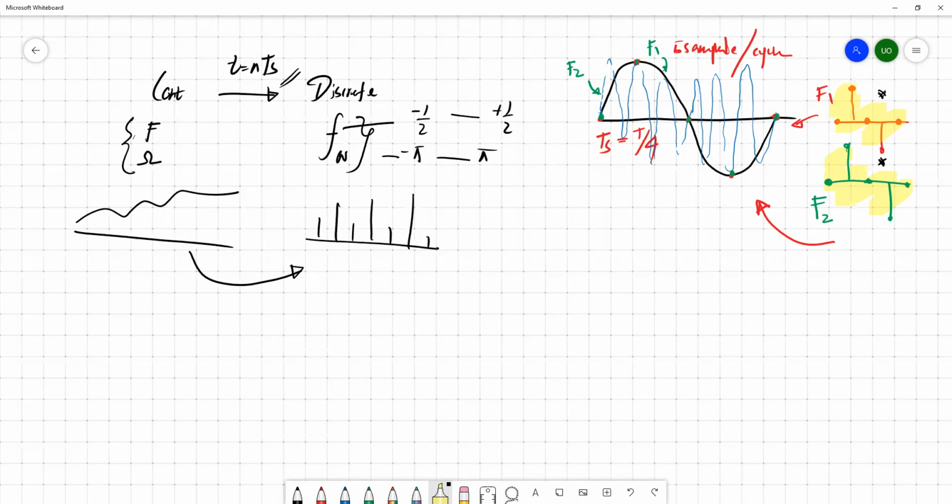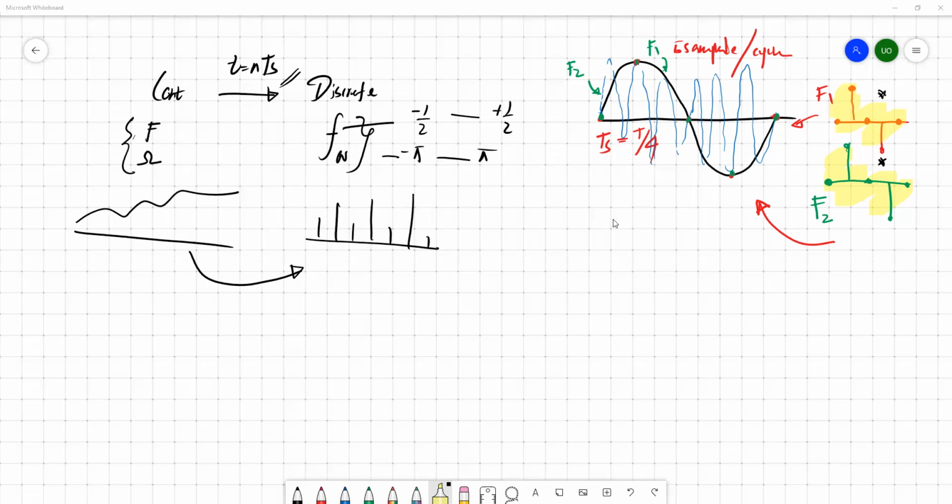It means ultimately you will end up with the same discrete signal, derived from different signals in continuous domain having different frequencies. So that's why we have these two different frequency components: capital F and omega representing the analog or continuous domain, and simple f and simple omega explaining the frequency and angular frequency in the discrete domain.